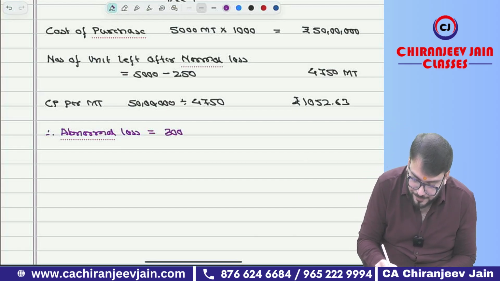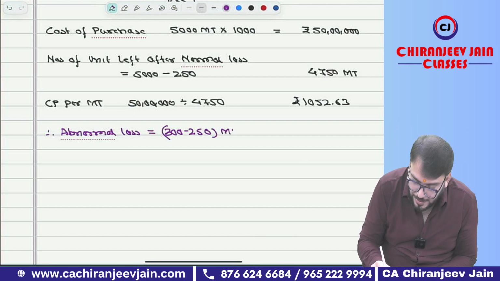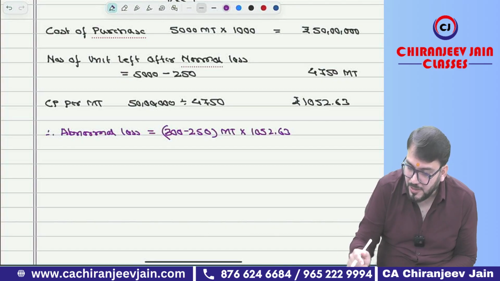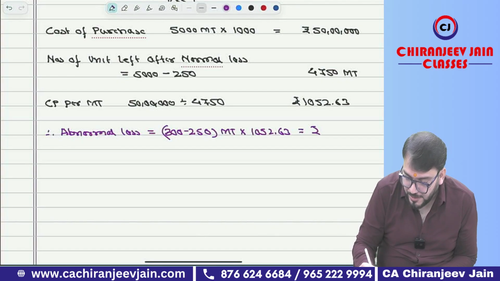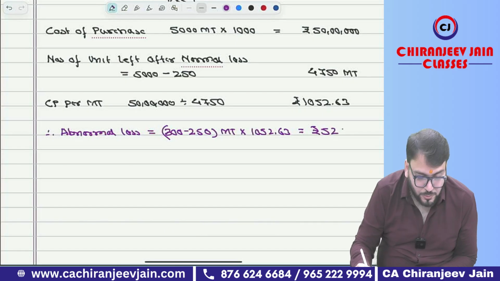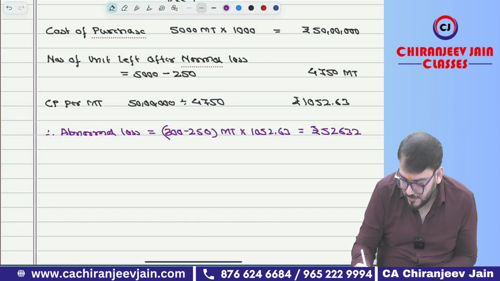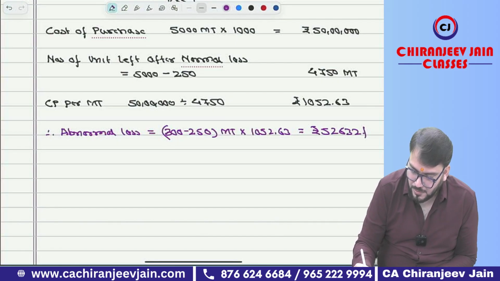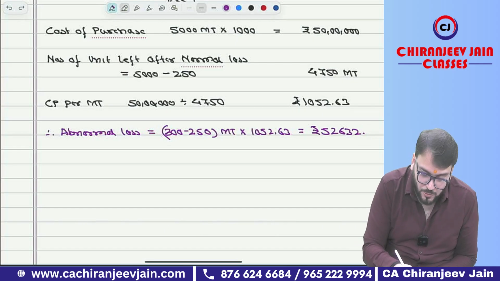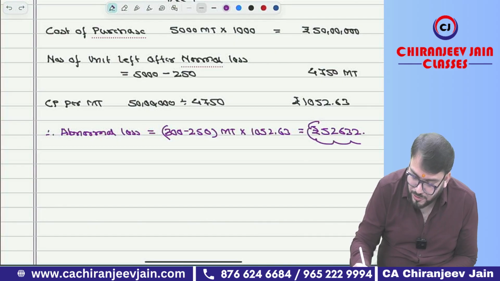So 50 MT multiplied by 1052.63, that will be rupees 52,632 rounding off. This is the amount of abnormal loss, and this will be charged to profit and loss account as an expense.